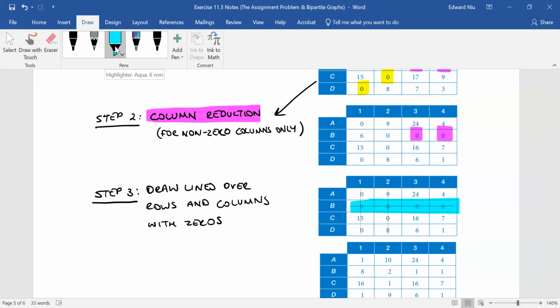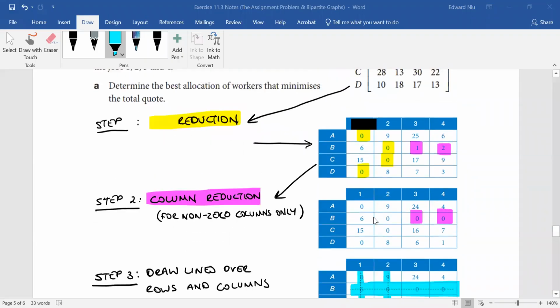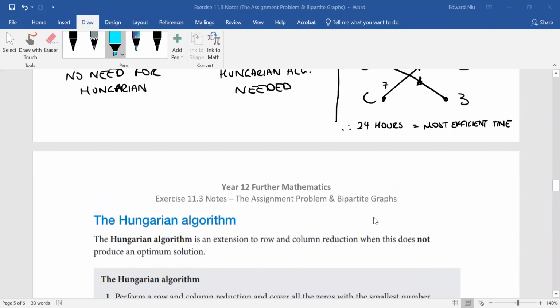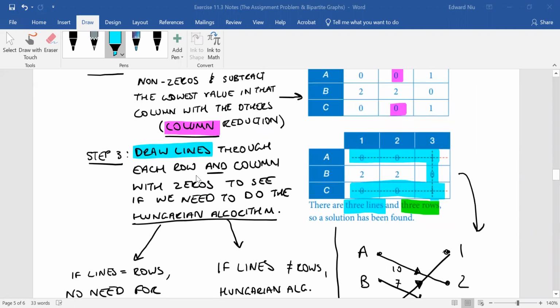We then have to do columns. What have we got? Column 1 and column 2. One thing I do want to mention is, I think I might have missed it here. When we draw lines through each row and column with zeros, we want to do this with the least number of lines.